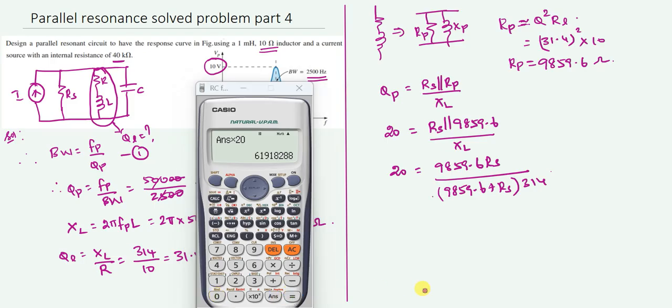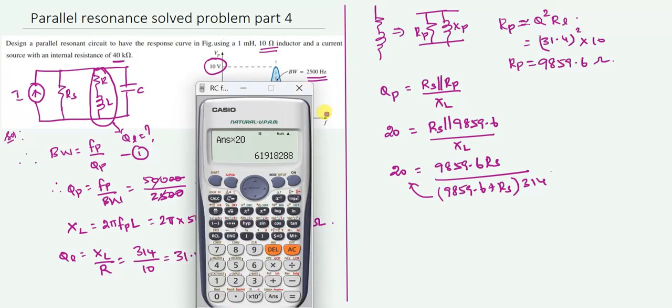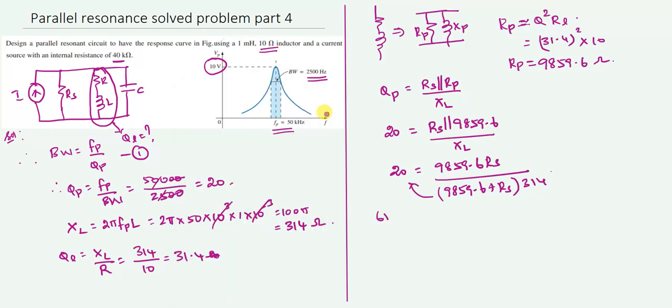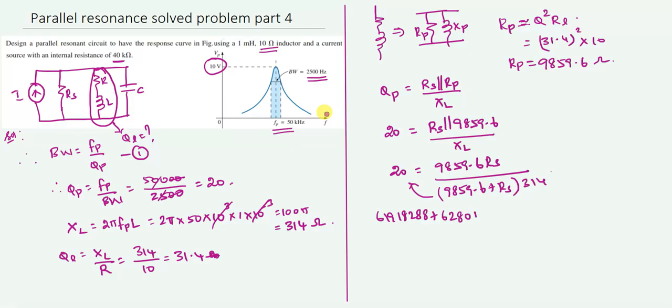Overall, I take this value to this portion. Therefore it is 619,182.88 plus 6280 RS, which is equal to 9859.6 RS.